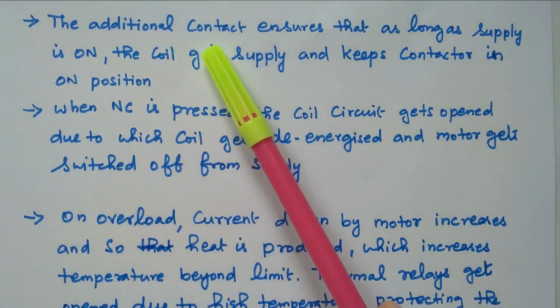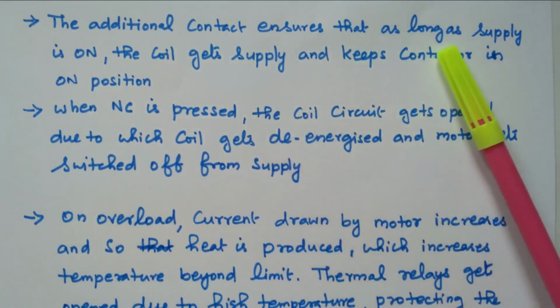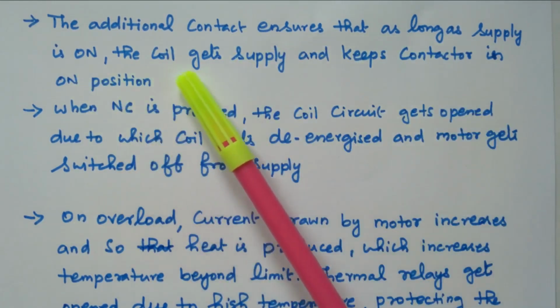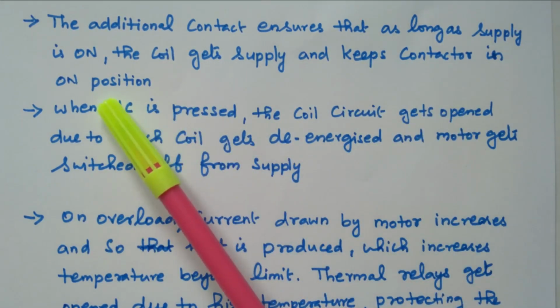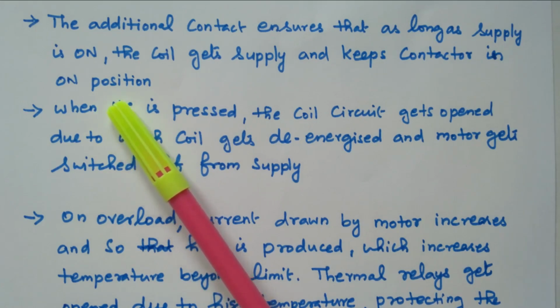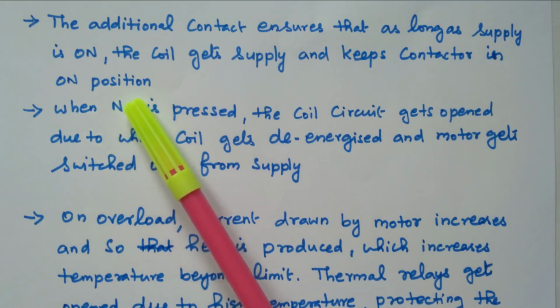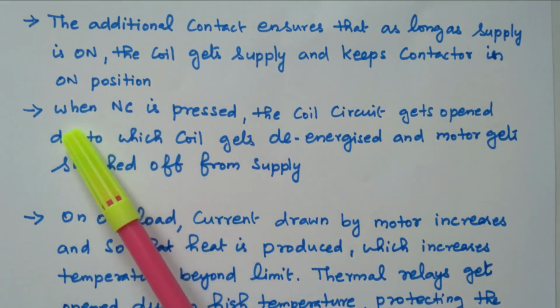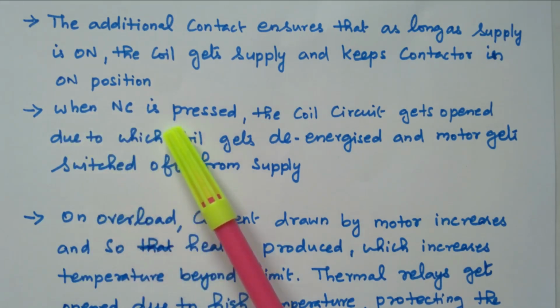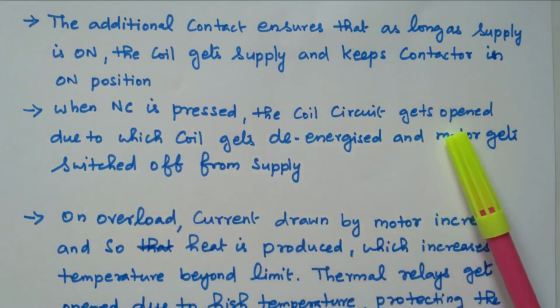The additional contact ensures that as long as the supply is on, the coil gets the supply and keeps the contactor in the on position. So the supply is given through the magnetizing coil, so it is always in energized condition, so it keeps the motor in on condition. Suppose you want to disconnect, then when NC is pressed, normally closed, the coil circuit gets open.